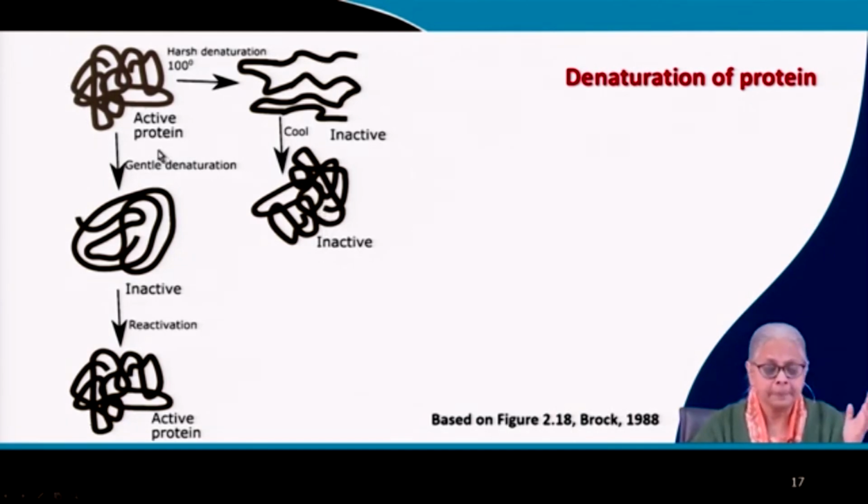If you apply a gentle denaturation agent like mild heat, so blow drying your hair is mild heat, oil or gel is again a mild chemical that you're applying and setting your hair in a particular fashion. So when it's gentle denaturation, it will change the structure and the fold, it will become inactive, but then when you remove that factor, wash it out, it'll go right back to its original form.